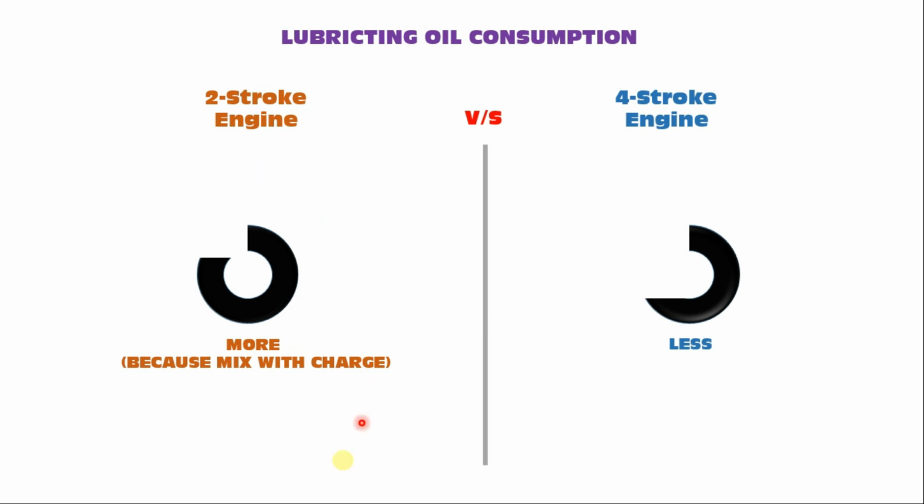We all know that we are storing the lubricating oil inside crankcase, and in two-stroke engine our fresh charge mixes with the oil, and some portion of the oil goes into cylinder, so there will be more requirement of lubricating oil.